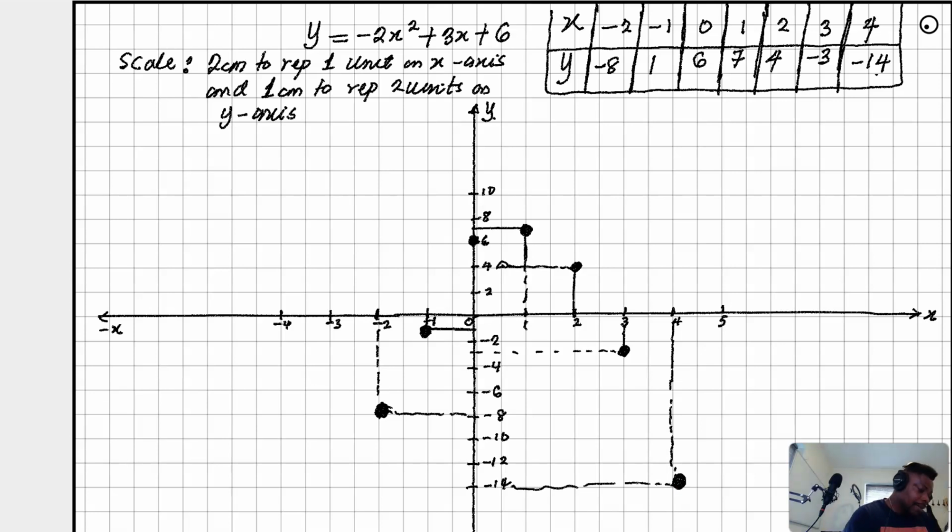So you can see I have gotten my curve. It is appropriate that you use a good instrument to shape your curve. But here I'm just going to use a free hand.